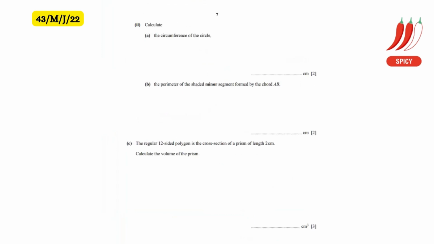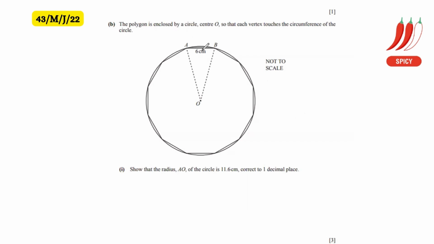Then it says calculate the circumference of the circle. For the circumference of the circle, we need the radius, and we just found the radius, which was 11.6. So circumference, which is 2 pi r, we do 2 pi times 11.6, and that equals 72.8 centimeters. Then it asks for the perimeter of the shaded minor segment formed by chord AB. So to find the perimeter of the shaded segment, that's basically this part over here, we need the arc length AB, and we already have the length of the straight line AB, which is 6.